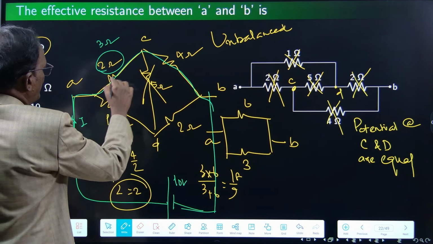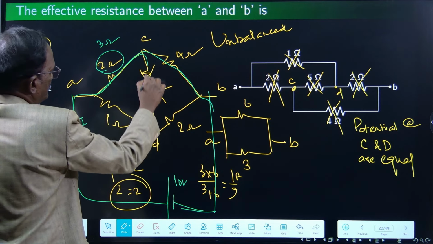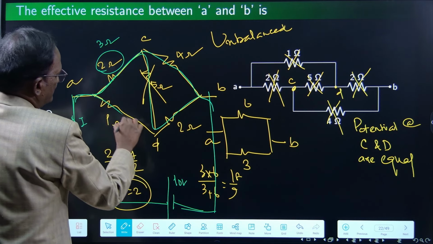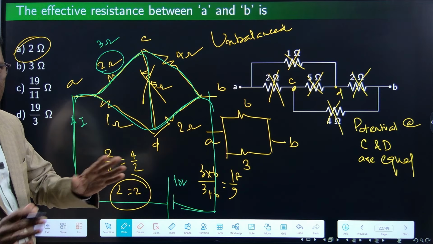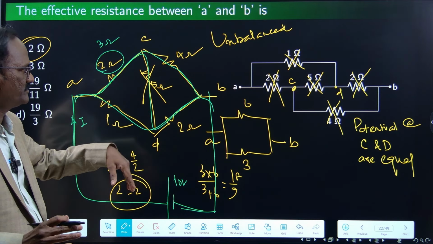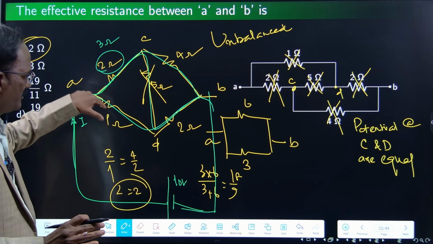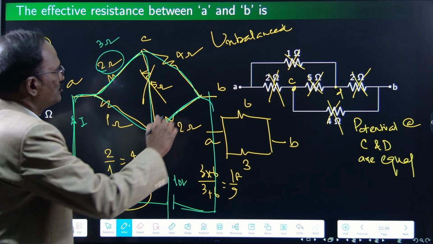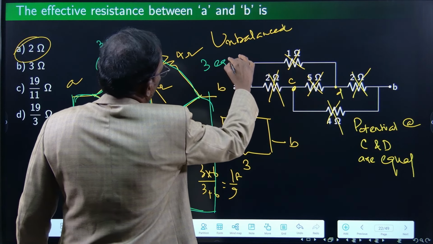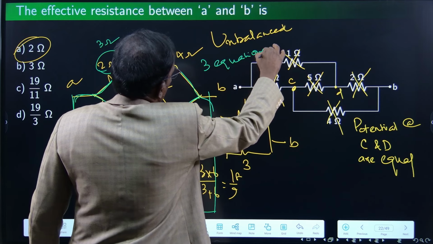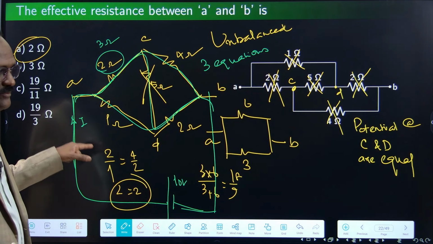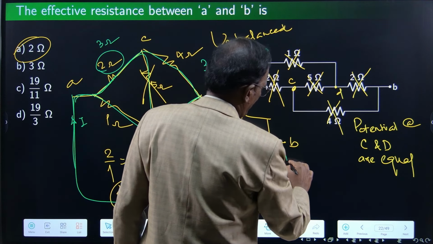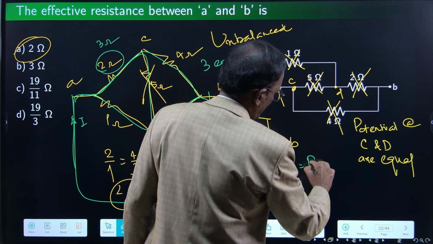So all the resistors will be connected in one of the loops. If you apply Kirchhoff's voltage law and write 3 equations, this current I will be found. Then V by I will be the R equivalent.